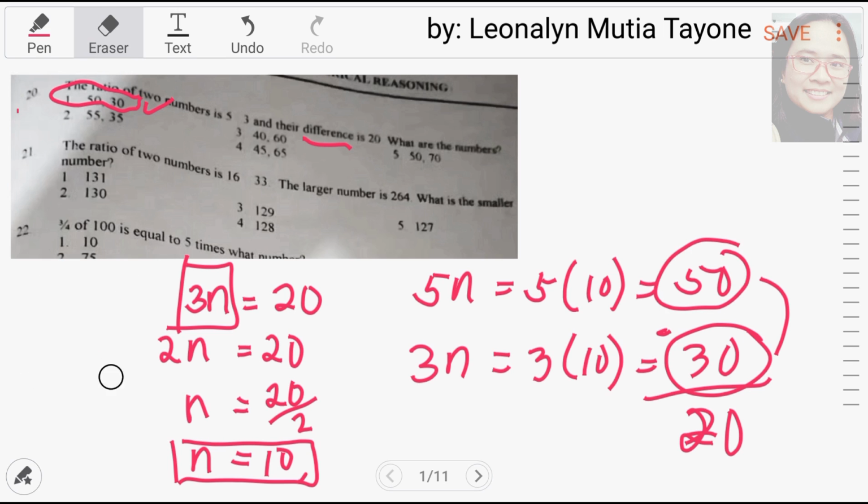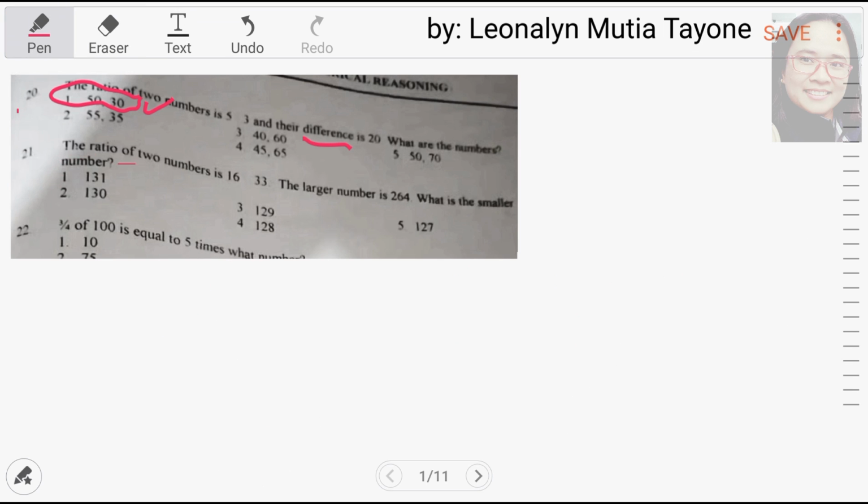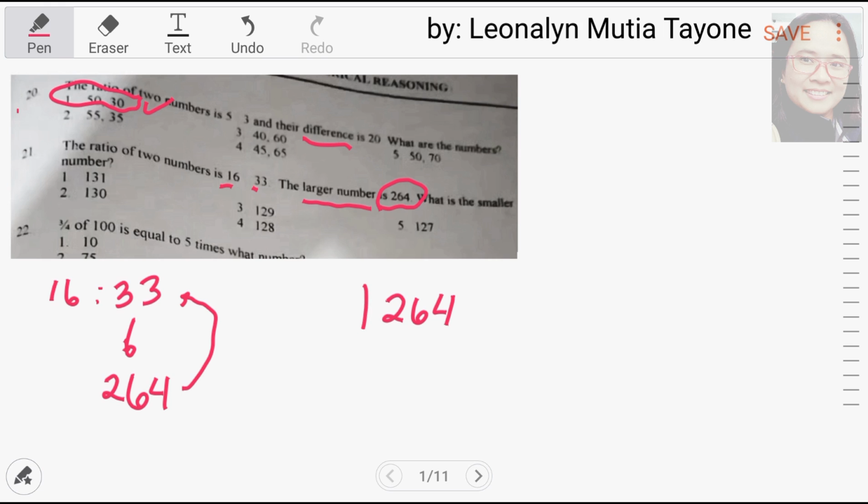Dito tayo sa number 21. The ratio of two numbers is 16 is to 33. The larger number is 264. What is the smaller number? I-divide natin yan, isa-isahin natin. 264 divided by 33.